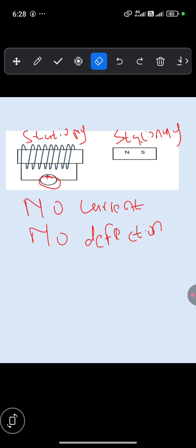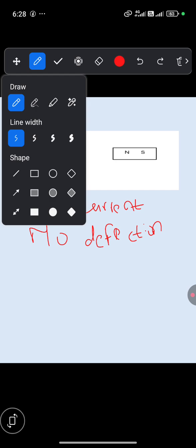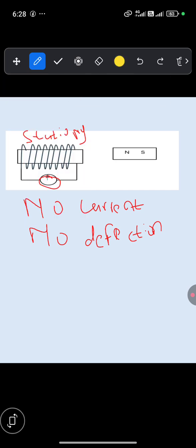Now if it is stationary, and now I change it and it is pushed in, you push in the magnet, so now it's no longer stationary. Then what will happen? The current will be induced.